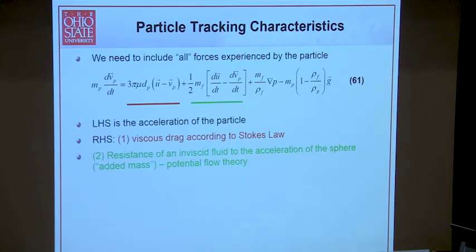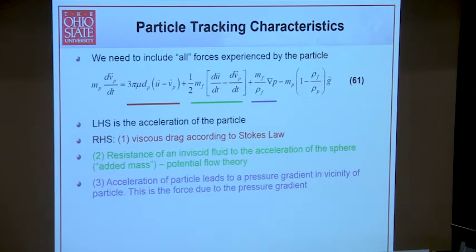This comes from potential flow theory, sometimes referred to as added mass. When you want to start moving the particle, the fluid actually resists that initial acceleration, and there's a force applied there. Acceleration of any particle leads to a pressure gradient in the vicinity of the particle, and so this is the force of the pressure gradient. And then the density of the fluid and the density of the particle are not the same, so we can have buoyancy effects.